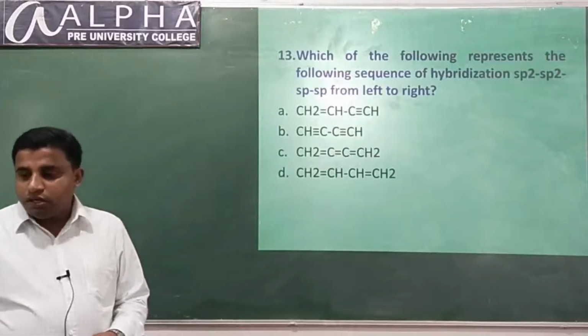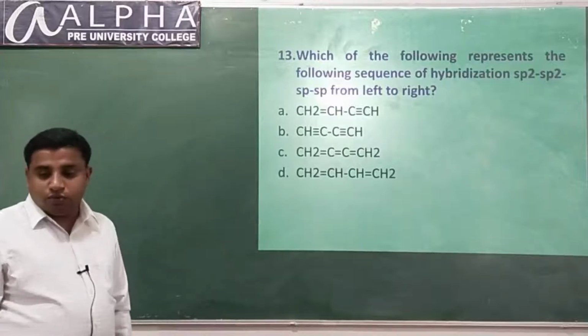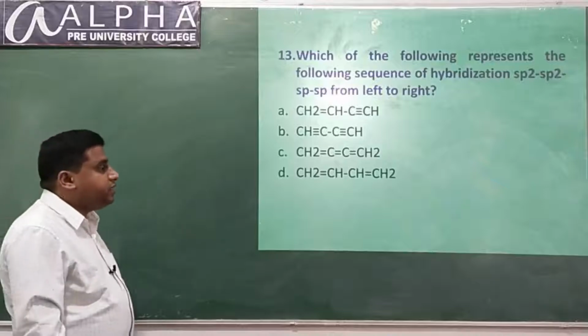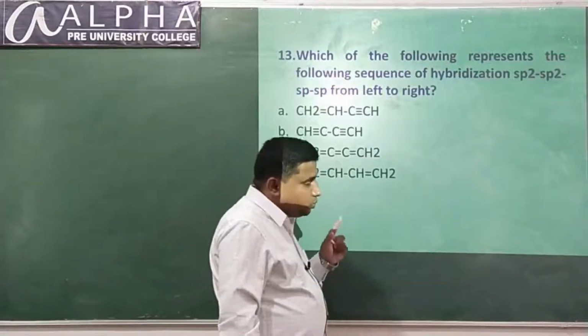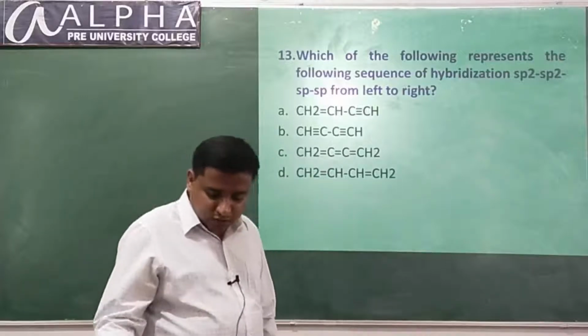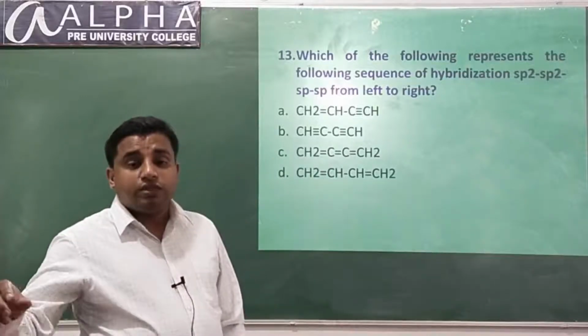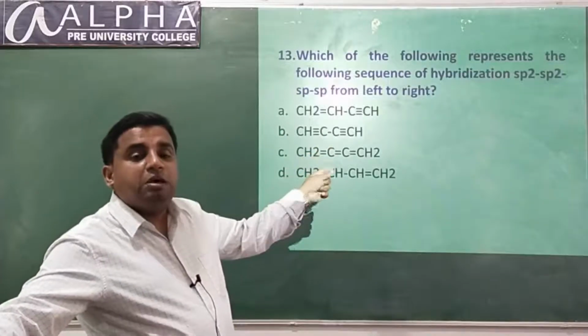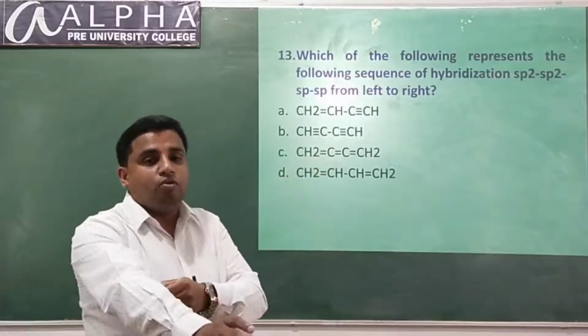He's given different organic molecules, and we must find in which molecule the hybridization is sp2, sp2, sp and sp. This question is from organic chemistry, but we can answer it by using the concepts of chemical bonding.